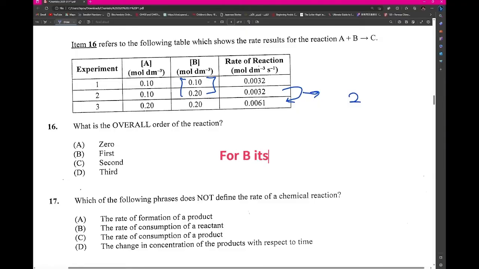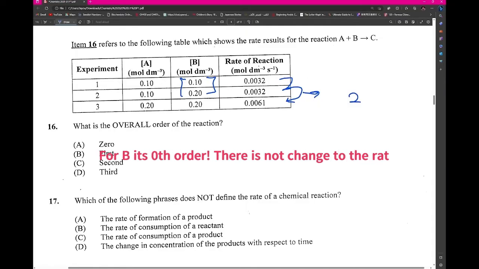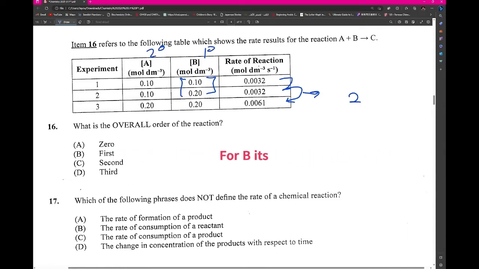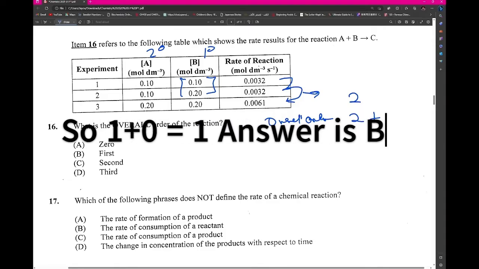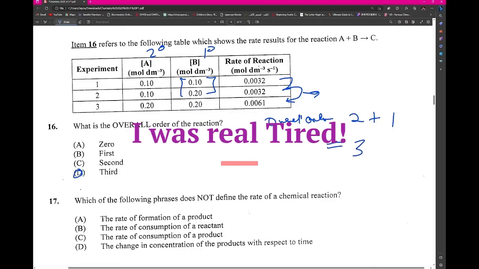And with B, it is first order with respect to B, and overall order should be the sum of the orders of reaction with respect to the concentrations, right? So that would be 3. So we're going to get third order for this.